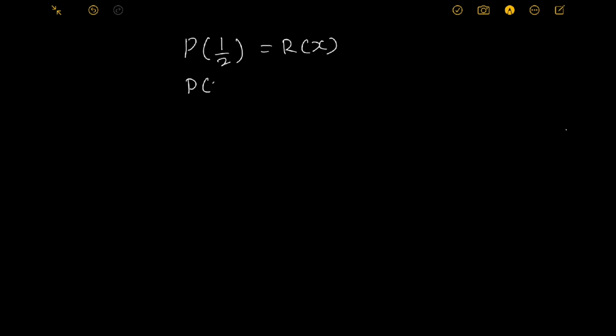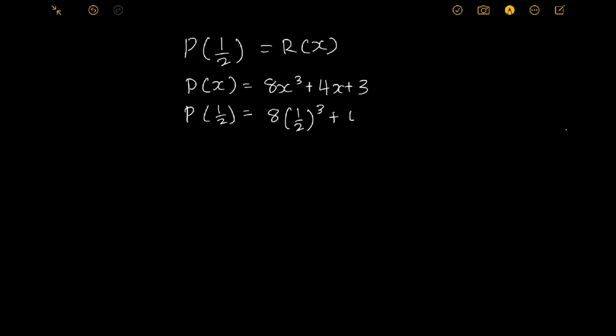So copy the equation, which is 8x to the power of 3 plus 4x plus 3, and then for P(1/2), just substitute 1 over 2 into all the x, so we're going to have it like this. 1 over 2 to the power of 3 is 1 over 8, so we just write it there, and then 4 times 1 over 2, so we're going to have 2, plus 3. 8 times 1 over 8 is 1, plus 2 plus 3, we're going to have it as 6.